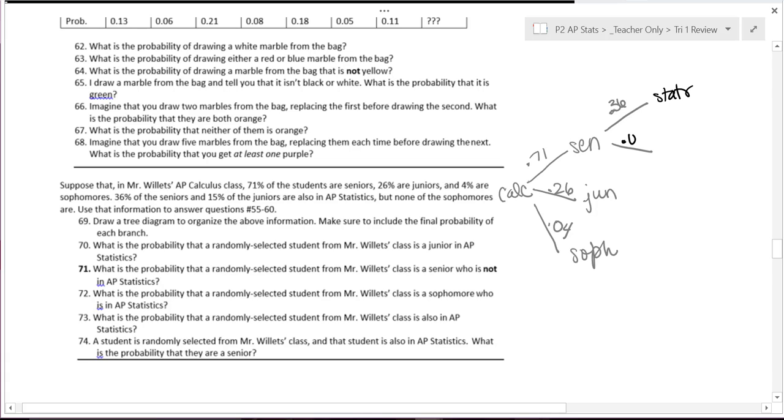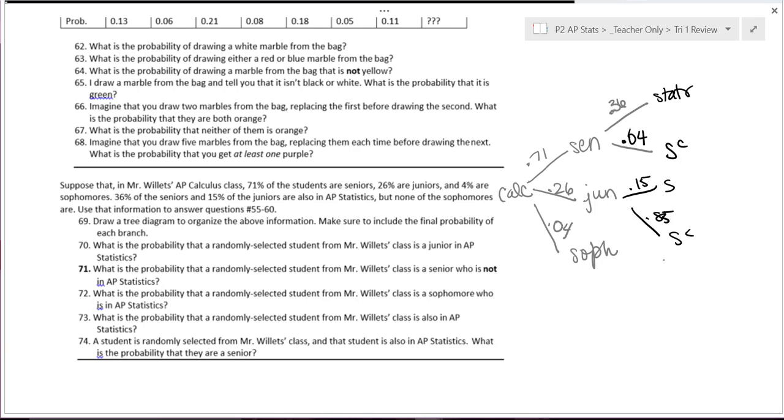So this is going to be 0.64, and I'm going to say Stats not. Of the juniors, you have 15%, so 0.15 are in Stats, 0.85 are in not Stats. And we don't really have to do another tree on those sophomores because all 100% would be in not Stats.